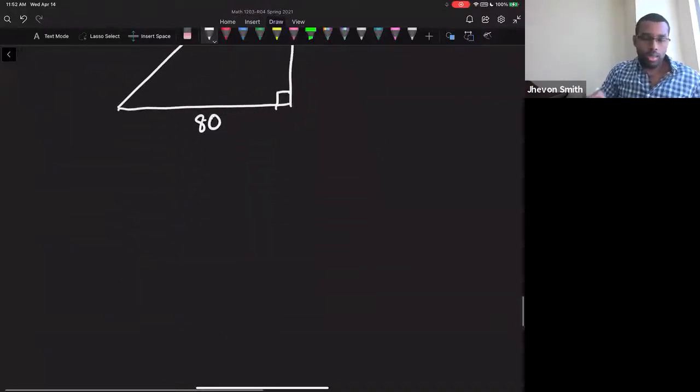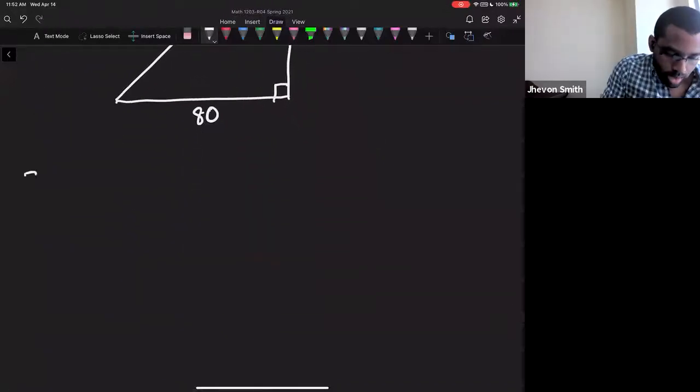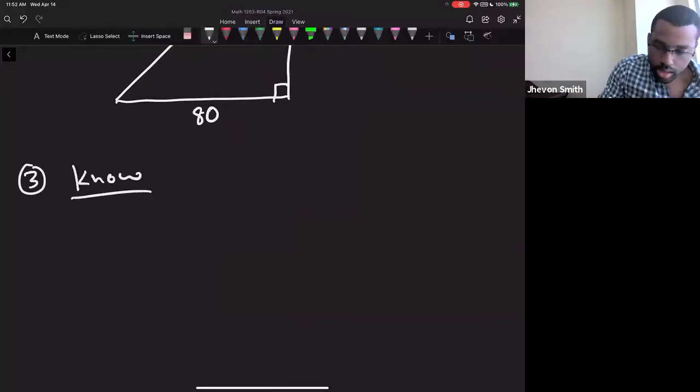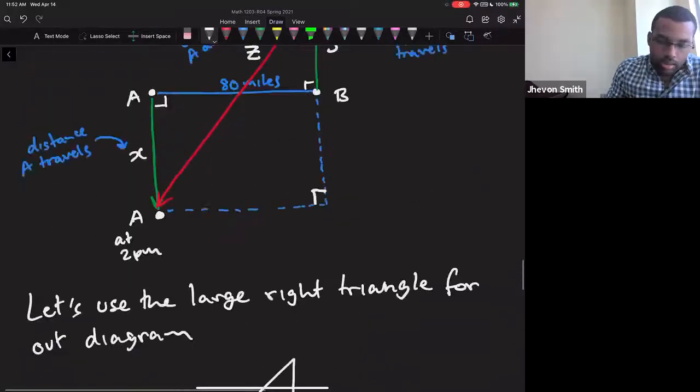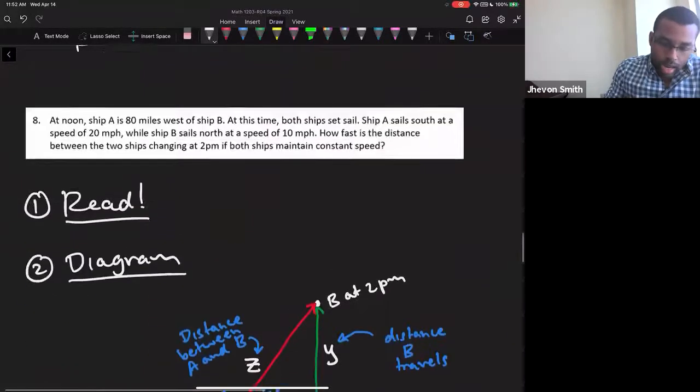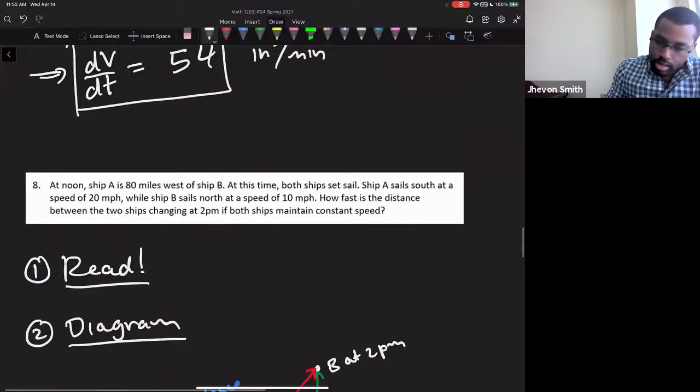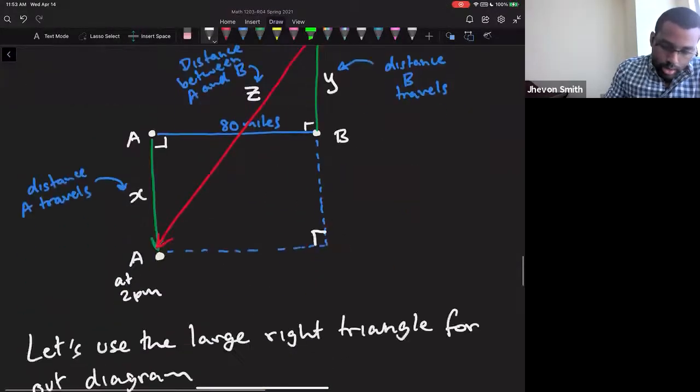So now move on to step 3. What do we know? And what do we want? We know how fast X is moving, which is A, right? X corresponds to A, and that is 20.